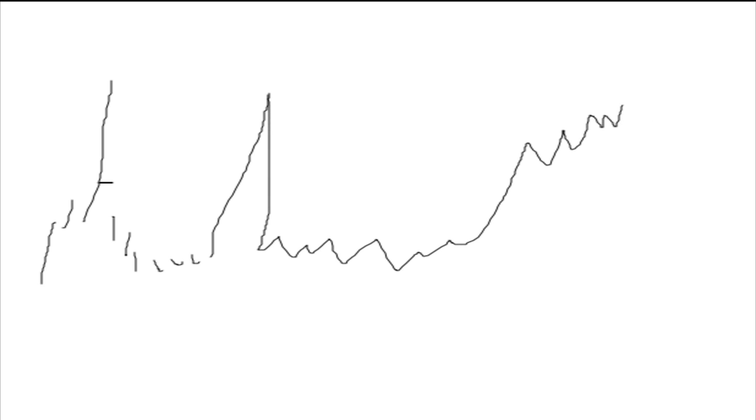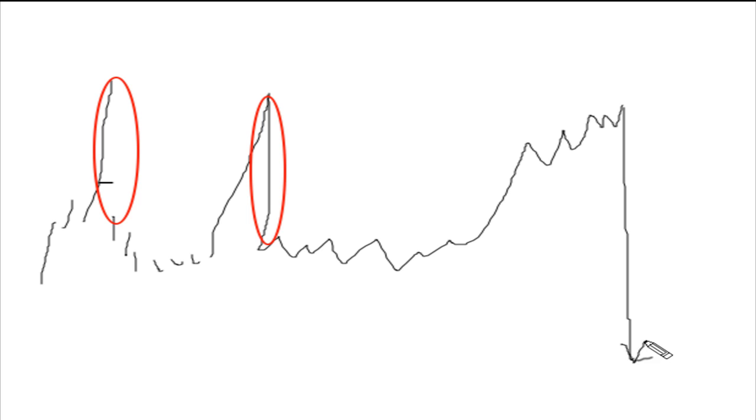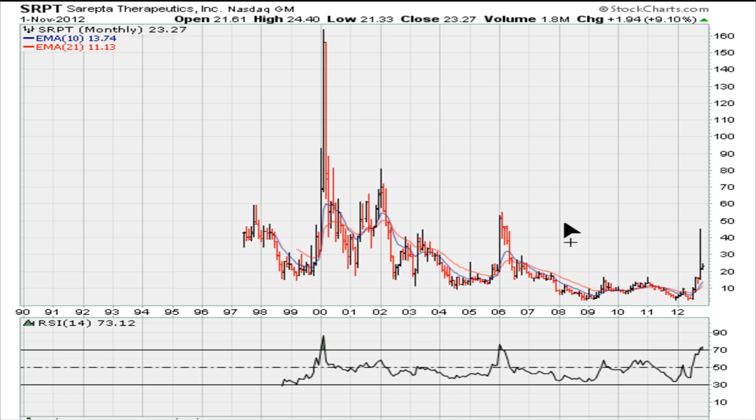You have to be very careful because this past behavior of drops could come into play, because what you're going to see in this particular example is a stock will have shown you its behavior, because eventually, if you're not careful, you're going to wake up one morning, especially with biotechs, and your stock's going to be trading at amazing low prices. So you got to be careful. You got to always consider the stock's previous behavior over a period of years, especially on the monthly chart. Let's go take a look at the chart.